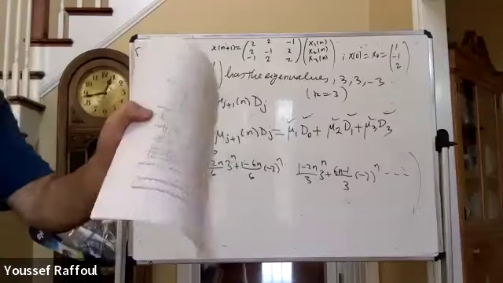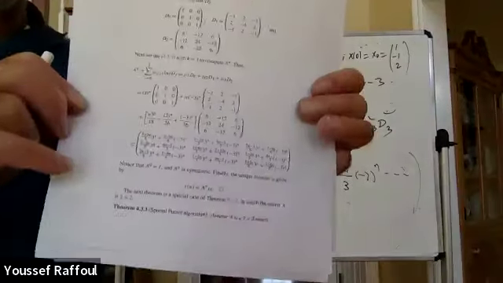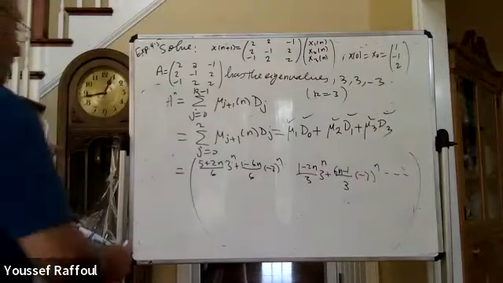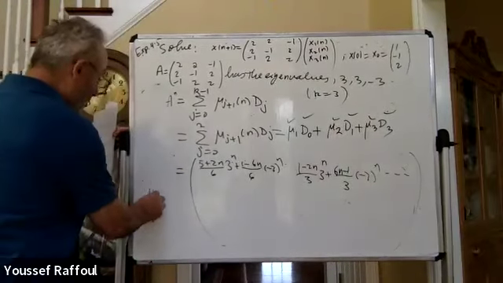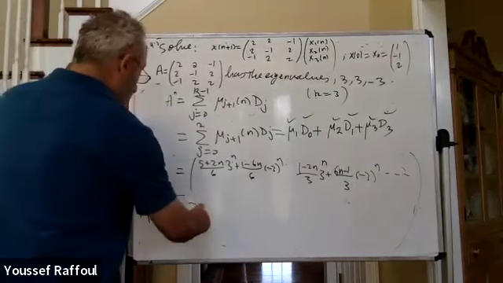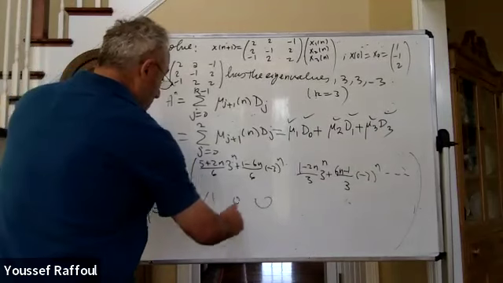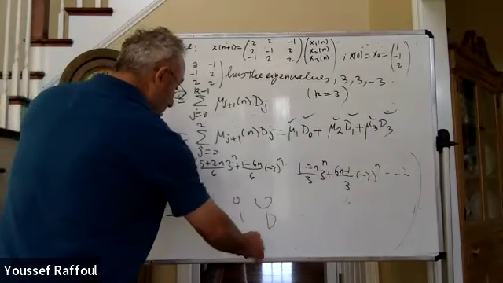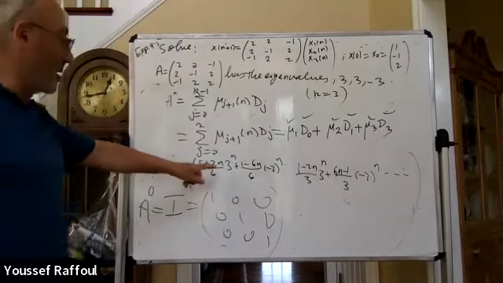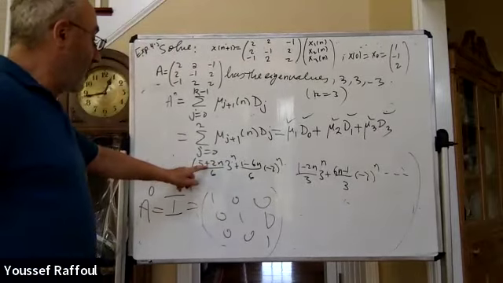So A^n is this one here. You see how big it is? That is A^n. And if you notice, A to the power 0 is I, and that turned out to be 1, 0, 0, 0, 1, 0, 0, 0, 1.